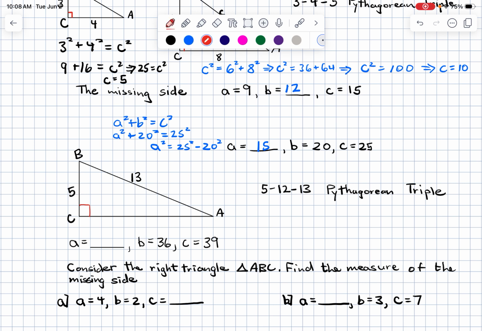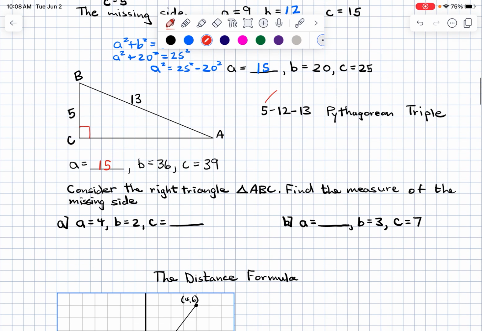Now, you can do this the long way, but you'll notice that I'm multiplying 12 by something and getting 36, 13 by something and getting 39. It looks like I'm multiplying by 3. So I need to multiply 5 by 3 and get 15. There we go. Okay. So you can practice some of these.